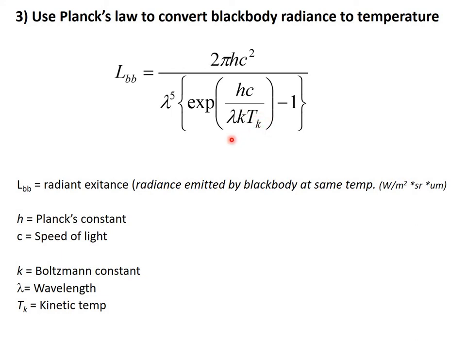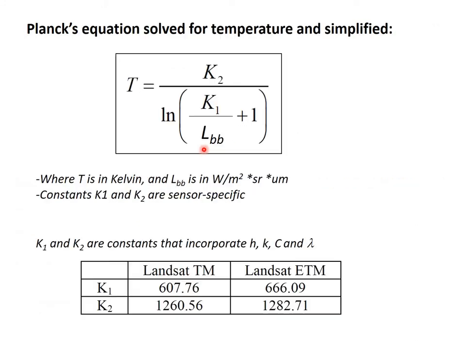And it turns out we know most of the things in this equation as well. We know wavelength, Planck's constant, the speed of light, the Boltzmann constant down here. Nonetheless, it is a bit of a bear, and most satellites that have thermal sensors have some simplified version of Planck's equation that you can use to get temperature.